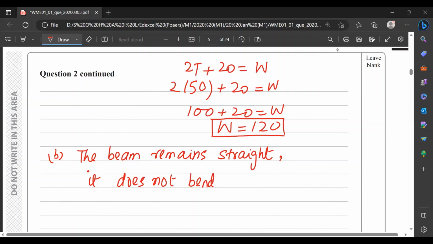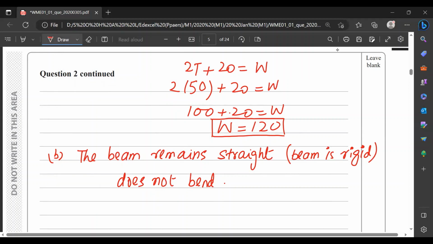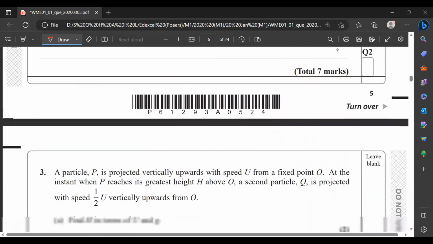You can say it remains straight, or you can write the beam is rigid. Anything like that you can write: the beam is rigid, it does not bend. This is the fact which we have used here. There is no bending in it.